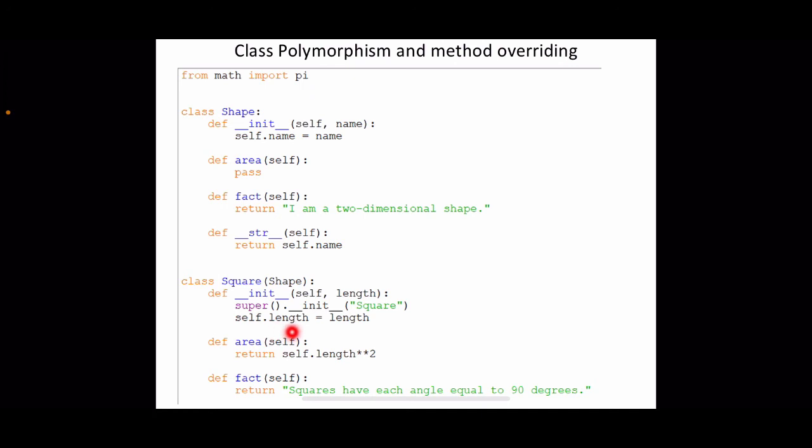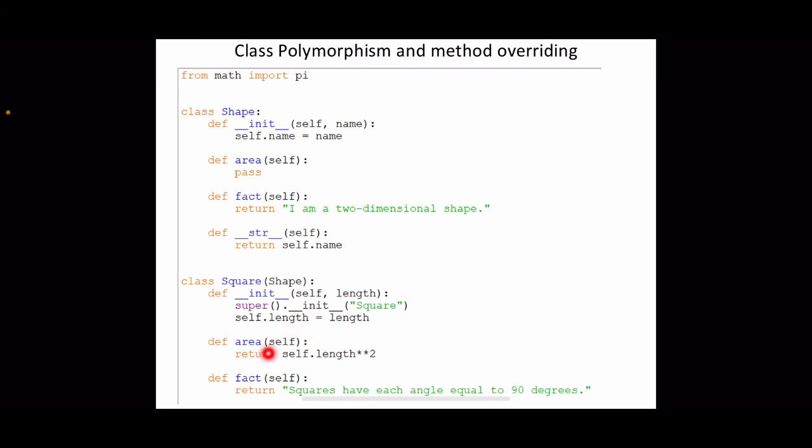So two different attributes are there for the child class square. Those are name and length, whereas for the shape only one attribute is there, that is name. So this is the functionality of init. So inside init we are invoking the corresponding parent's init also to assign the name value, and for length it is explicitly writing another statement.